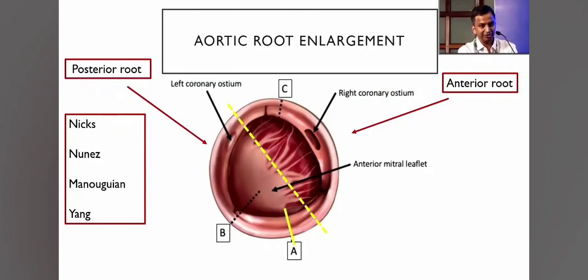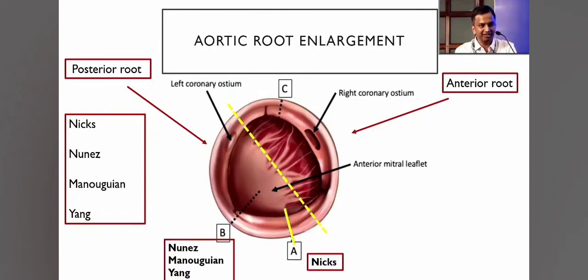The Nicks procedure was the first described technique in 1970, which is basically an incision made in the middle of the non-coronary sinus, extending just across the annulus. In the other 3 techniques of posterior root enlargement, the incision is made at the junction between the left and the non-coronary sinus, in that commissure, and the difference in the techniques is the extent of the incision.